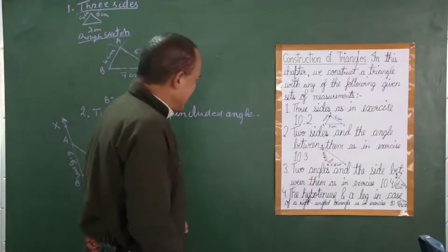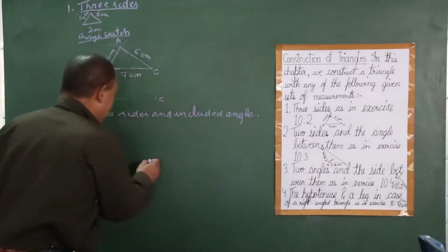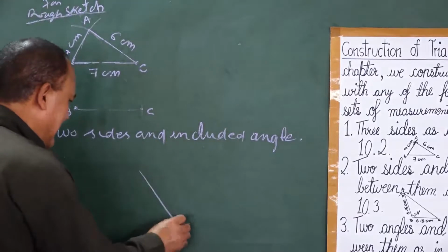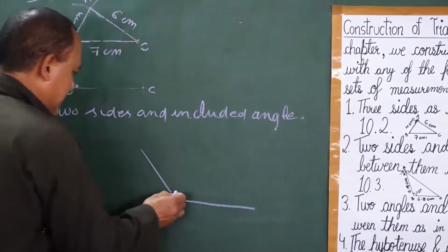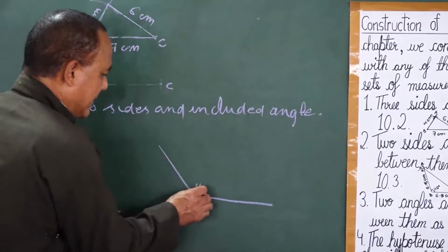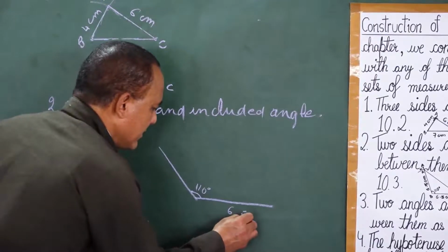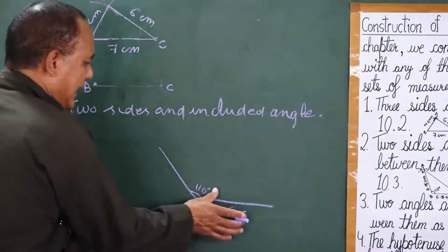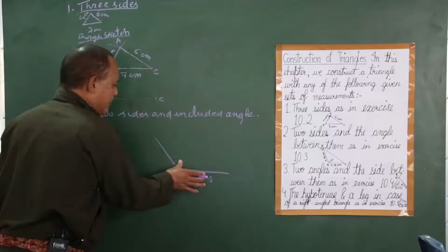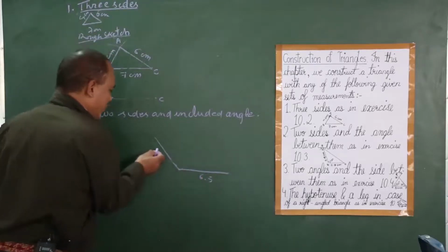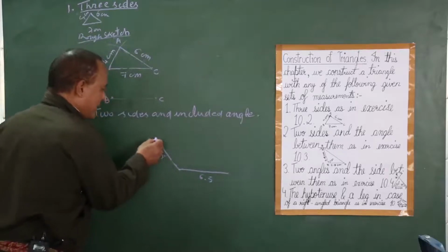For example, if we say this is 110, okay, rough, and this is 6.5. Now forget it, the angle is not shown here. This is shown here, 6.5.